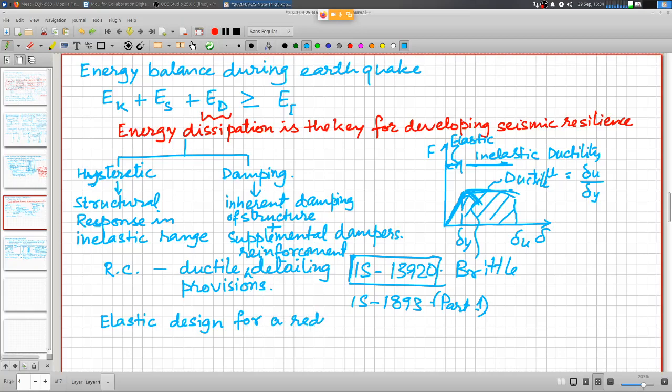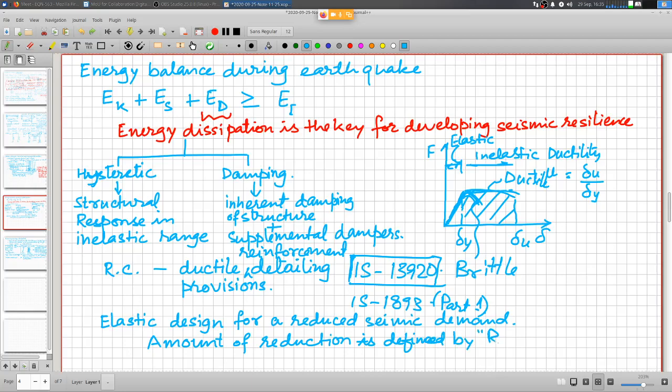So we perform elastic design for a reduced seismic demand, right? And the amount of reduction is controlled by a factor known as the response reduction factor.